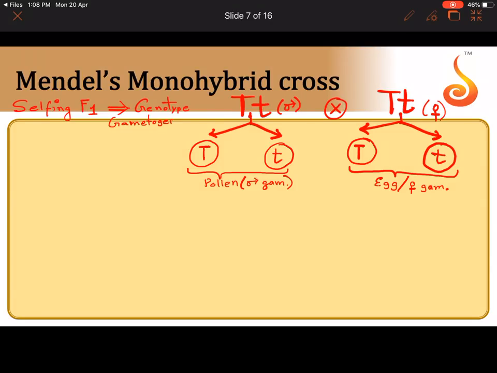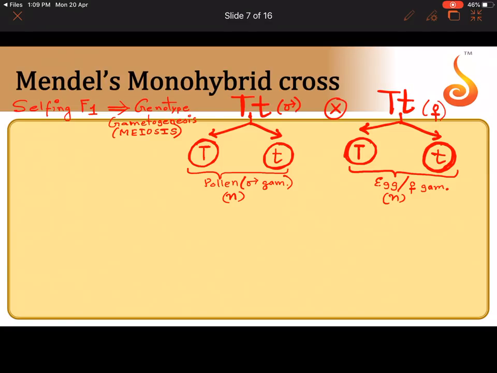By meiosis. So I have to write gametogenesis in brackets, meiosis. Why do the gametes have only one allele? Because we have already seen only in diploid cells you will see two alleles, because the gametes are haploid. All the gametes are N. N means haploid, so they have only one allele.